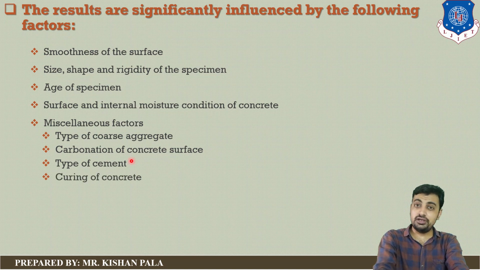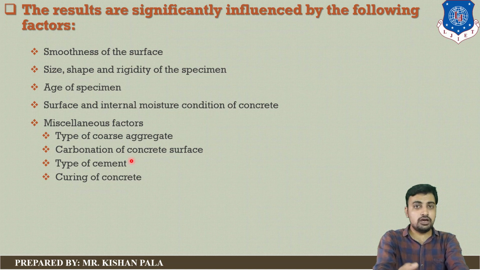Next is curing of concrete. If we apply curing to the concrete mass, this will increase the hardening of the concrete mass, and with increasing curing, this will give you a higher rebound value for this test.